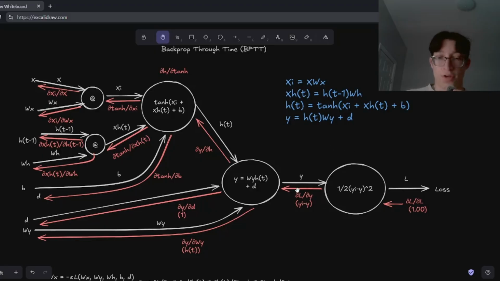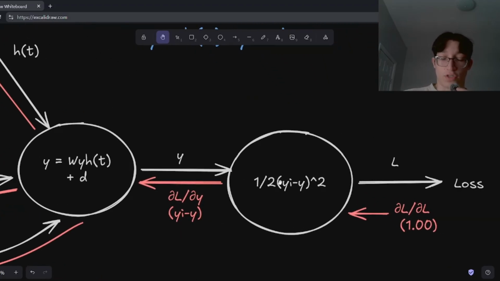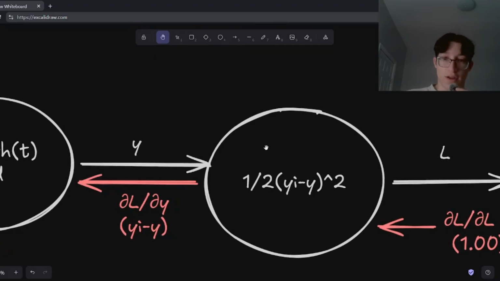The next thing to do here is calculate the partial derivative of the loss with respect to y. Why is this? The reason why is because the only thing that prevents us from going directly to the loss is this y value, right? And the way in which we calculated the loss function was with this squared error.